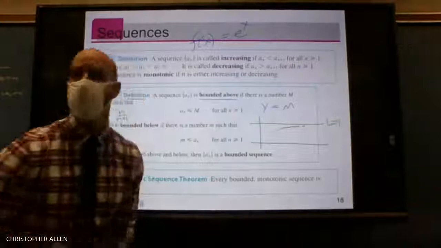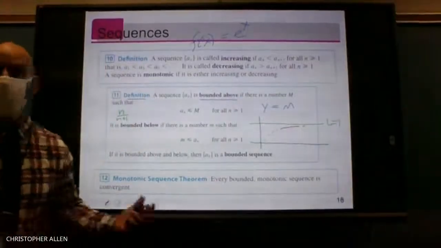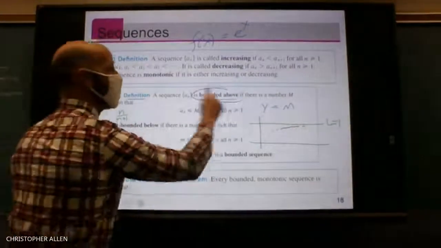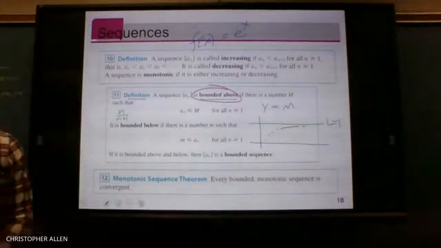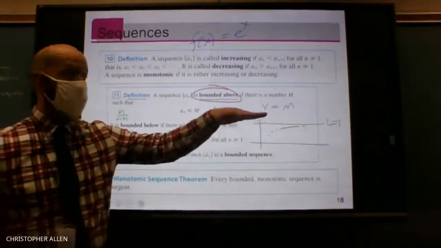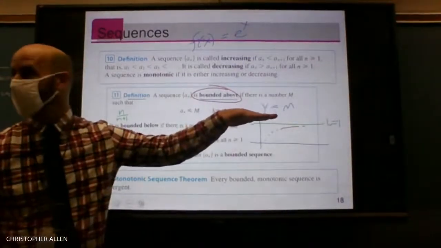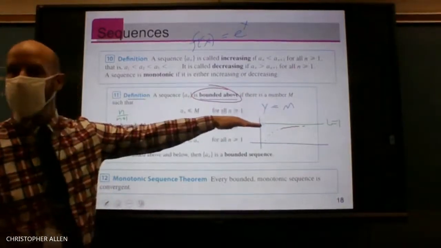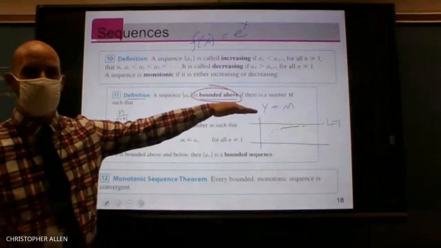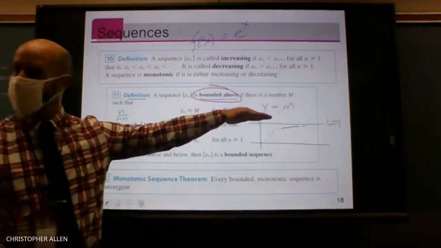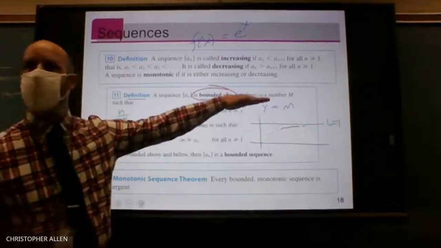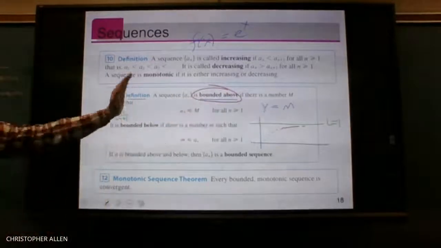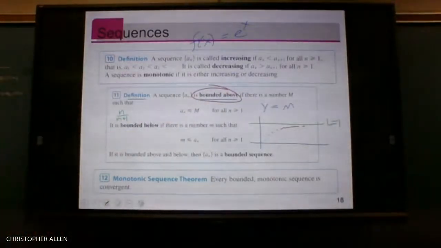Did it ever get to 1? No. We would call that bounded above. In other words, there's a value up above it that it never gets to. And the interesting thing is not only is it bounded by 1, it's also bounded by 2 or 3. It's bounded by any value bigger than 1. So that's what bounded above means. You can probably guess what bounded below means. It's the same thing, but below.